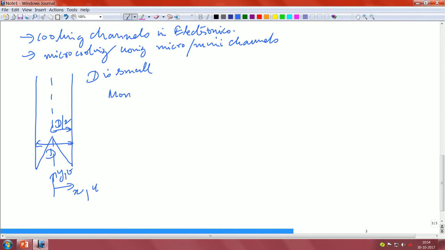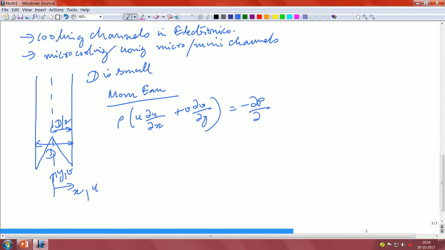The momentum equation, if we write it, will be rho times (U dV/dx plus V dV/dy) equals minus dP/dx plus mu. This is the momentum equation.